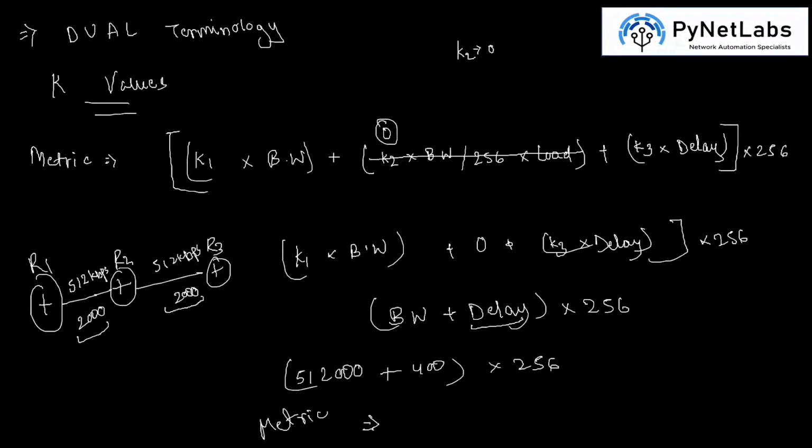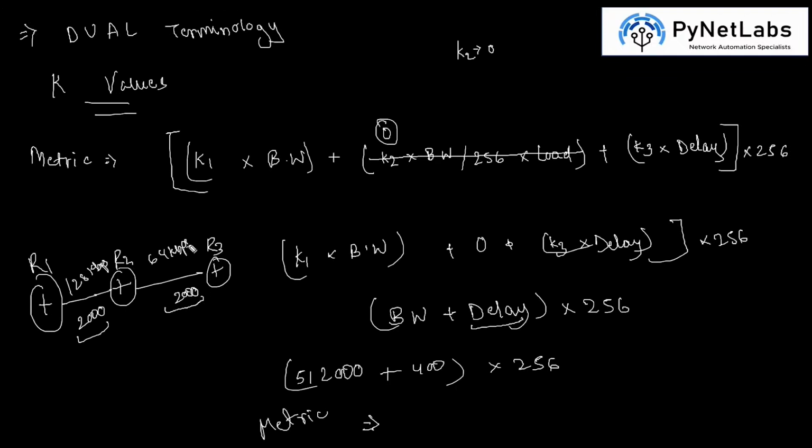Now there's one more thing to keep in mind. Let's say you have links with different speeds. So let's say R1 is connected to R2 over a link of 128 kbps, and similarly, R2 is connected to R3 over 64 kbps.